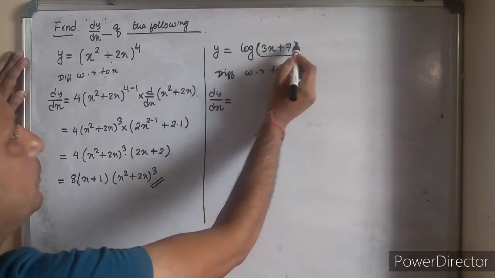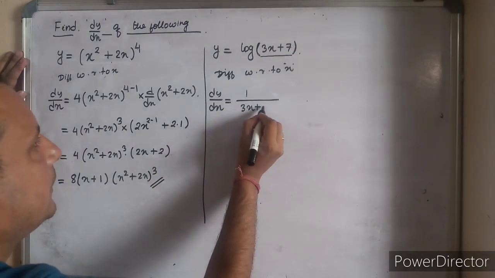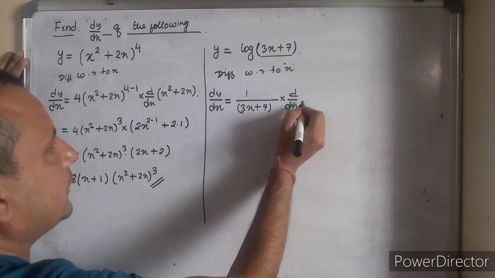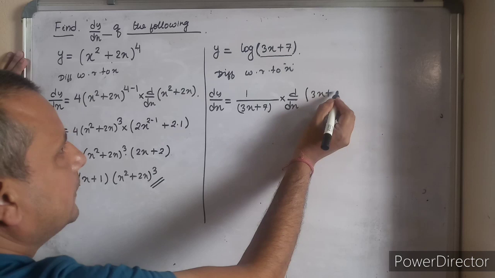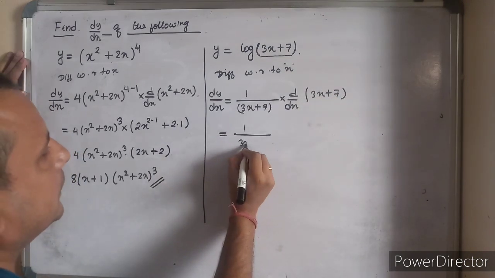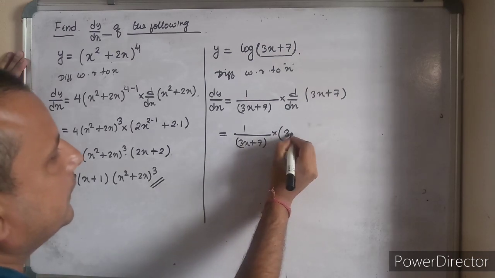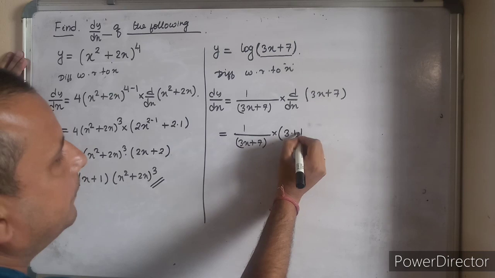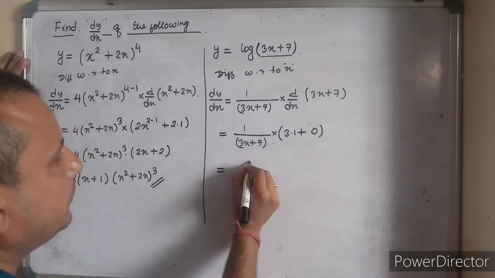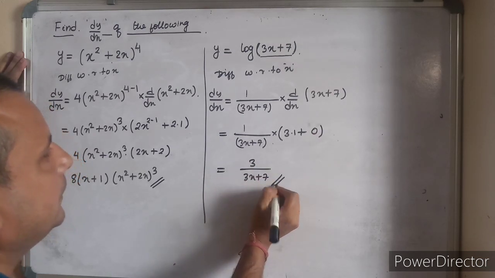The derivative of log x is 1 by x, that is 1 over (3x plus 7) into dy by dx of (3x plus 7). Now this is 1 over (3x plus 7) into 3, the derivative of x being 1, plus the derivative of 7 which is 0. After simplification we get 3 over (3x plus 7), the answer.